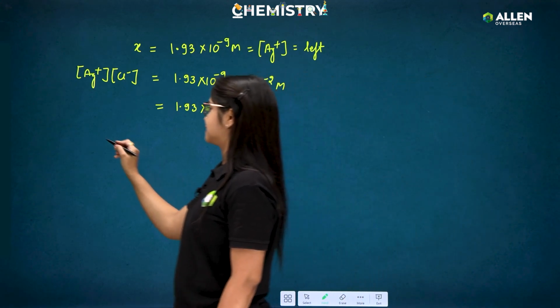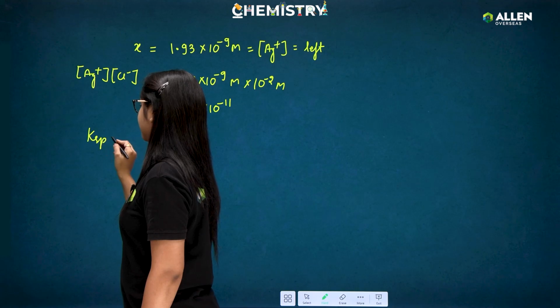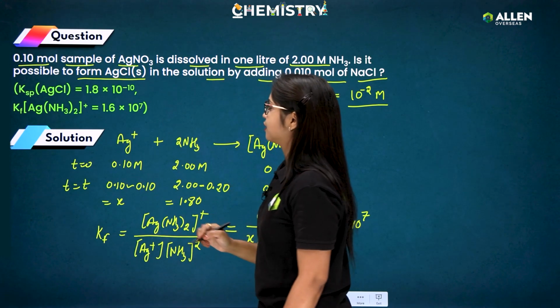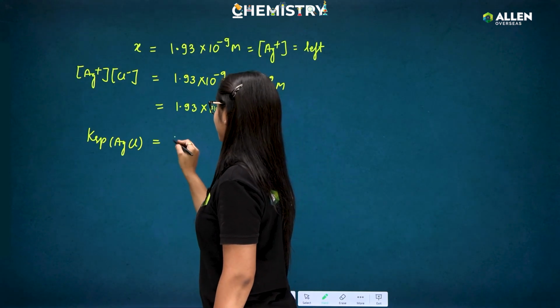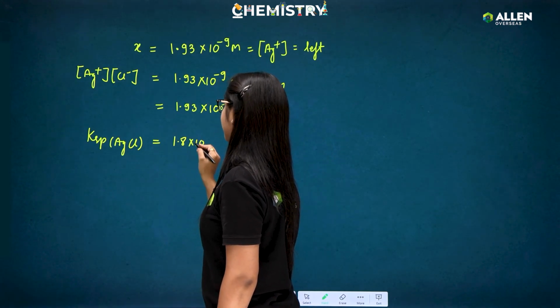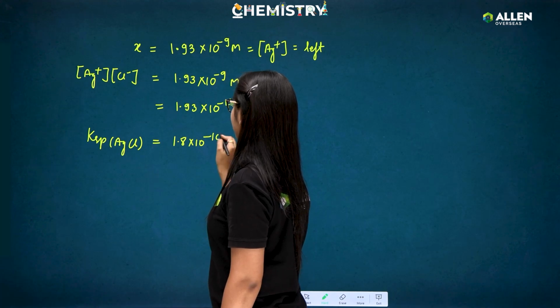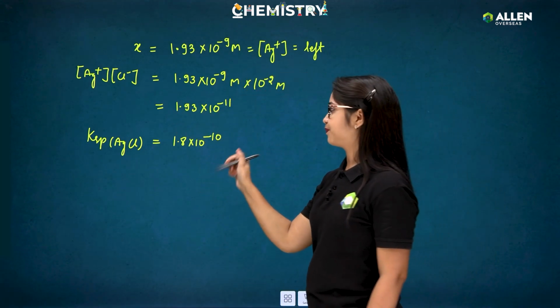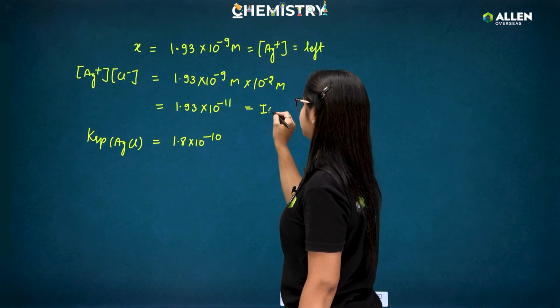And the KSP of AgCl is given in the question, that is 1.8 into 10 raised to the power minus 10. So this ionic product is less as compared to KSP.